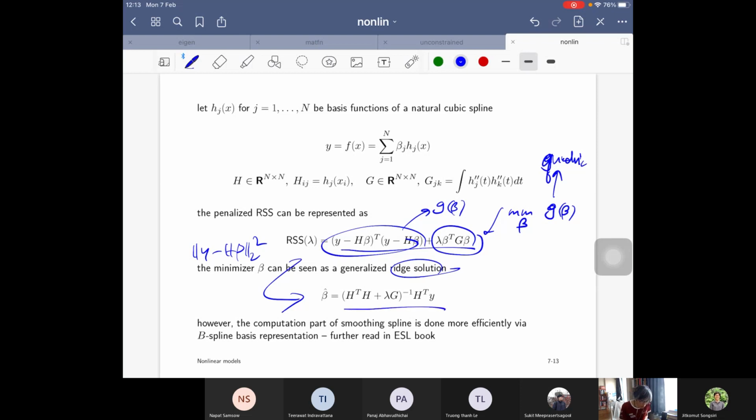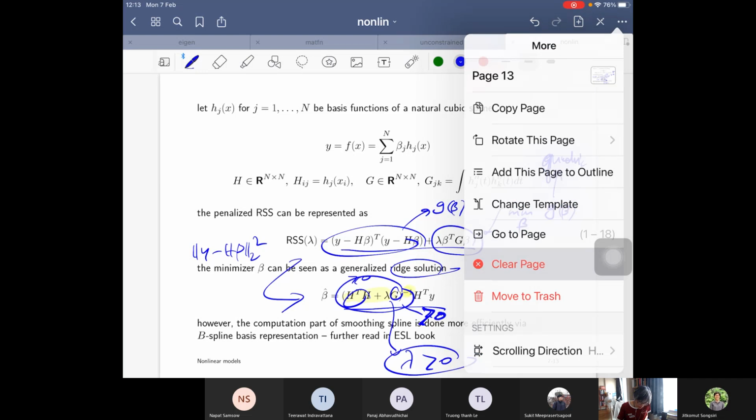And this inverse operator here, this matrix here, is always invertible as long as lambda is positive. Because even though this is positive semi-definite, this G is positive definite. I haven't shown it, but I state this as a fact. So when lambda is positive, the whole thing is always positive definite, which further means it is invertible.